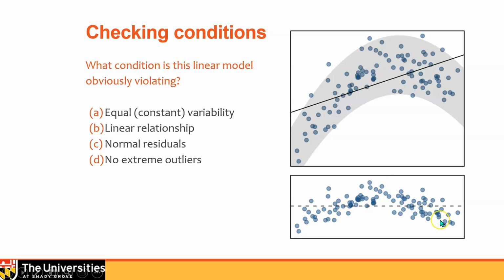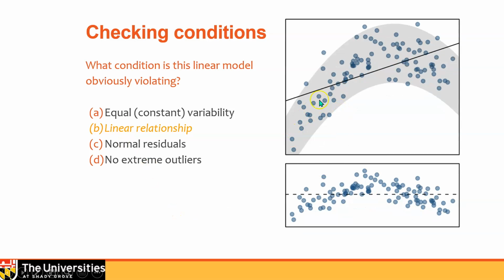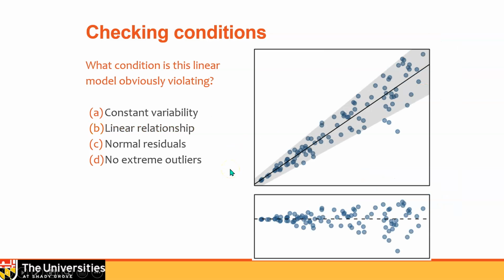We can go up and then down. There's not a nice, even scattering of the residuals. So that's how we know that we do not have a linear relationship, but you see it up here as well.